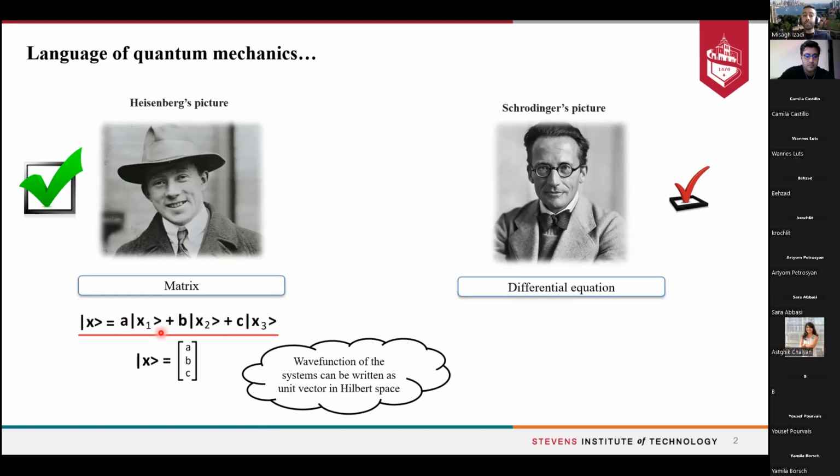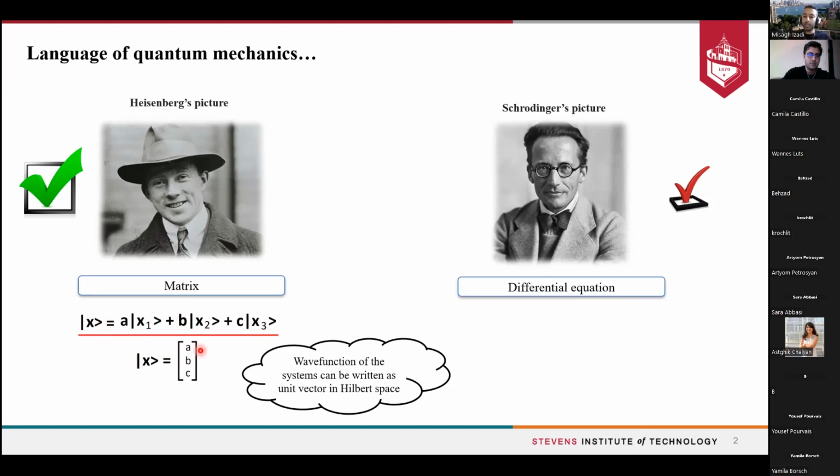In other words, you do a measurement on the quantum system here. The chance to find this quantum state in the possibility of x1 is a squared. The chance to find it in the possibility of x2 is b squared. And the chance to find it in the possibility of x3 is c squared. And you want to know what's the meaning of this ket wave function? It's just a unit vector in higher dimensional Hilbert space.